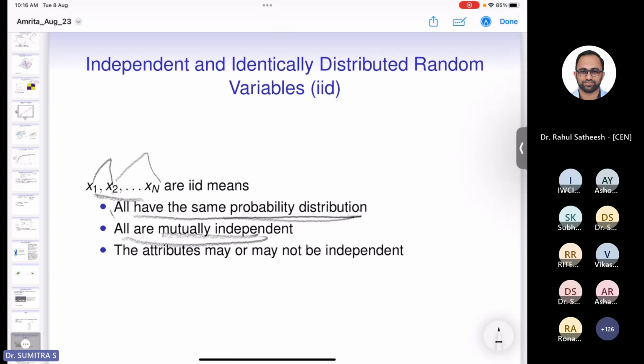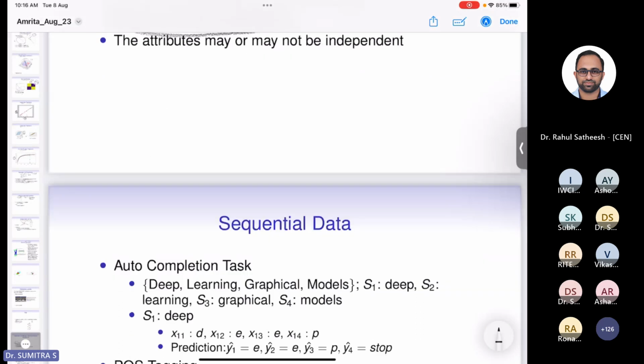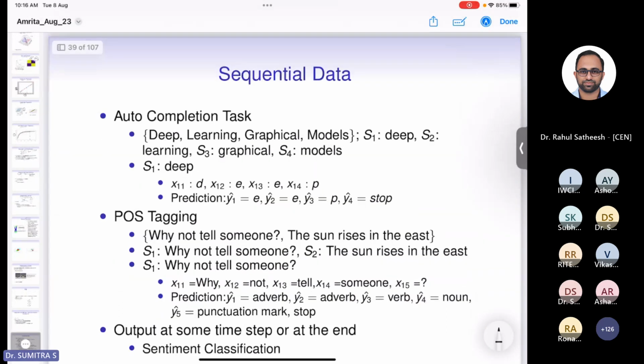That is independent and identically distributed random variables. Then not all data follow IID; there are sequential data. What is sequential data? The algorithms applied on IID data cannot be applied on sequential data.